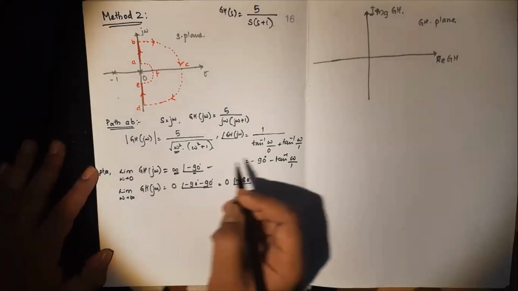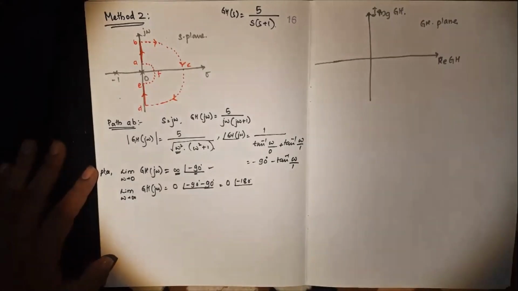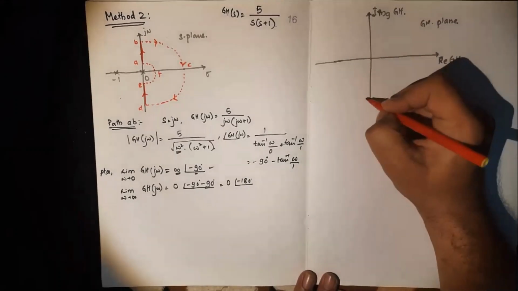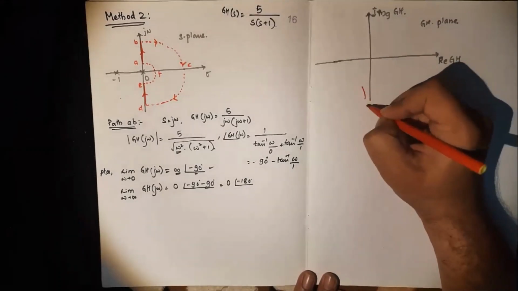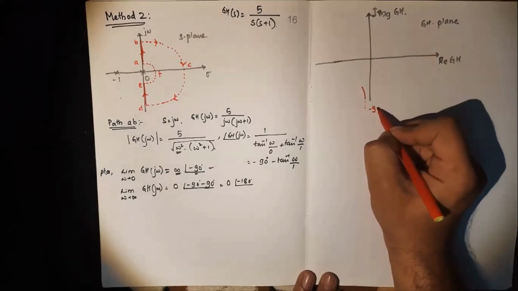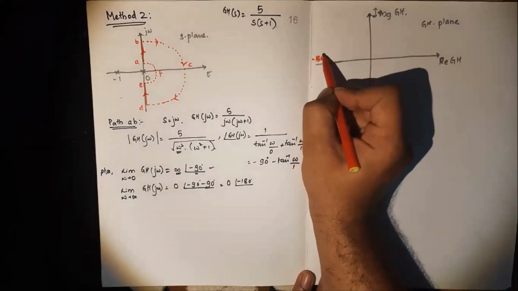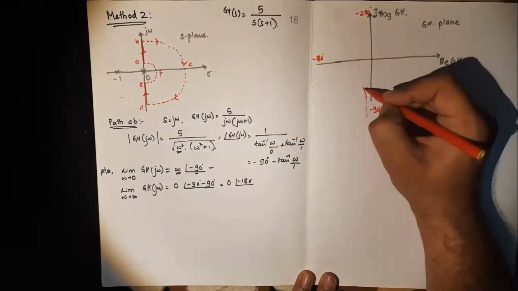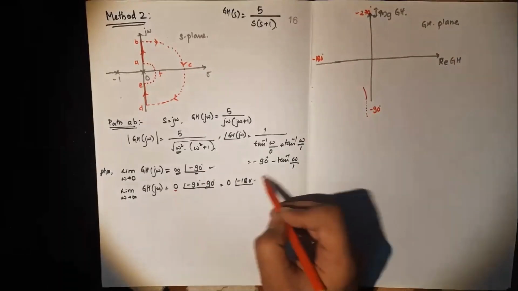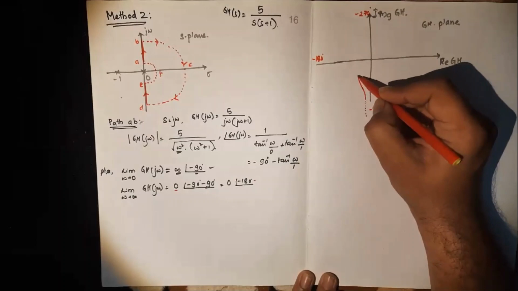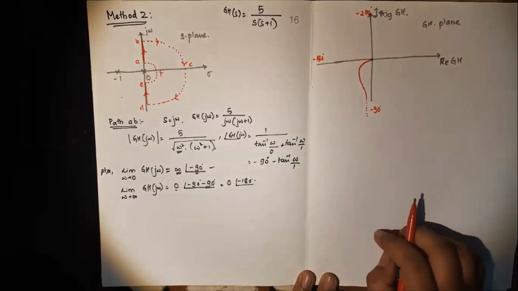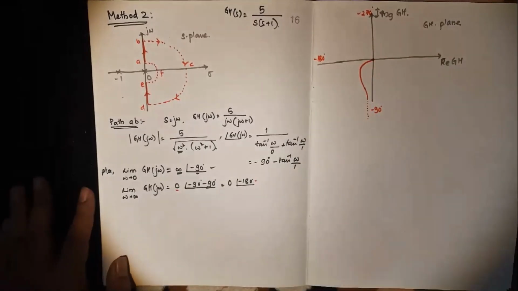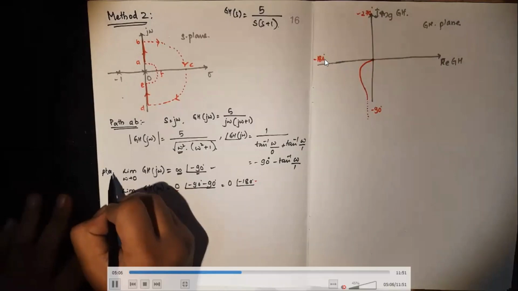Observe carefully, the starting point is infinity at minus 90 degrees. So we consider the minus 90 degree line and start with dots, showing that it starts somewhere from infinity and ends at 0 magnitude at minus 180 degrees.